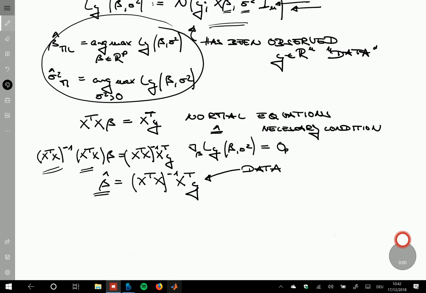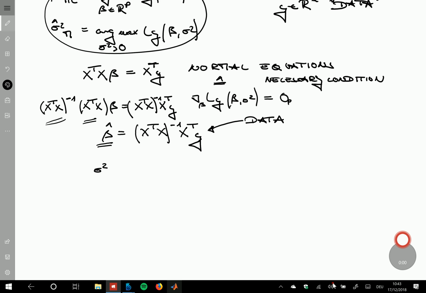If you do the same thing, maximizing the likelihood for the variance parameter, you actually end up with the following. One can plug in the beta estimate into the likelihood function, and then get as the maximum likelihood estimator the following. This is the deviation between the data and the prediction based on the beta estimate, and you do a sum of squares here.